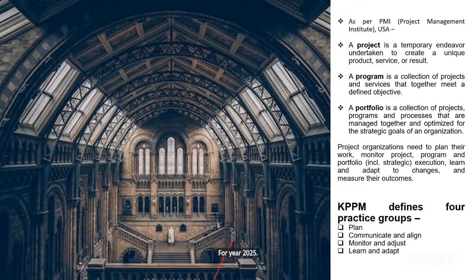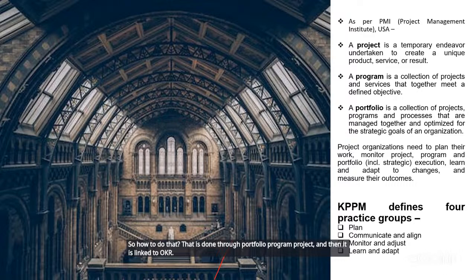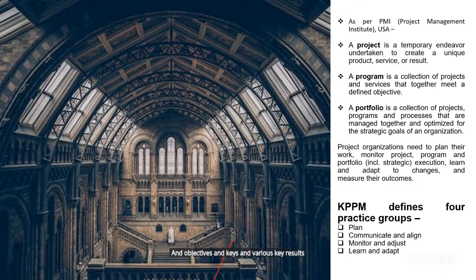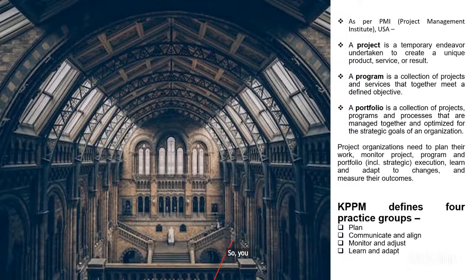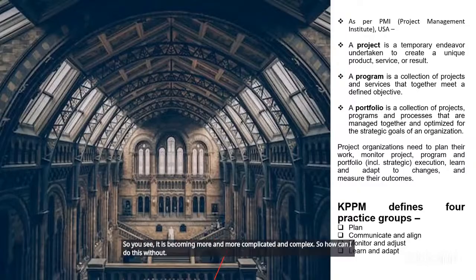So this year that is their strategic goal. So now how to do that? That is done through portfolio, program, project, and then it is linked to OKR and objectives and key results. Various key results are there, and you need to meet that requirement. So you see, it is becoming more and more complicated and complex. So how can I do this without failing in any area? That is where KPPM comes.